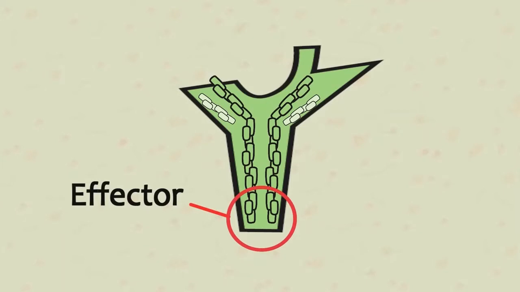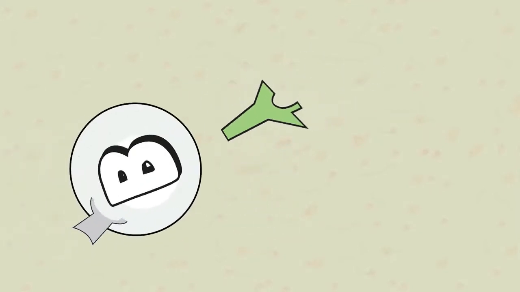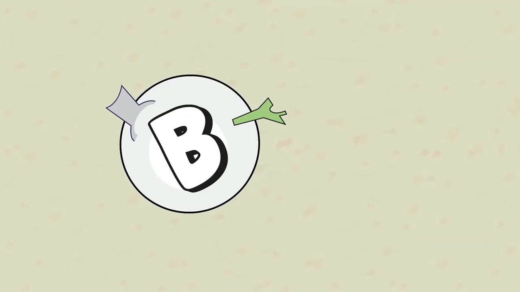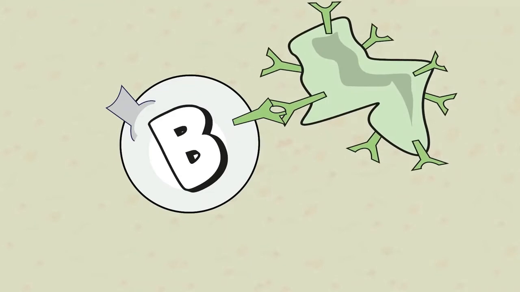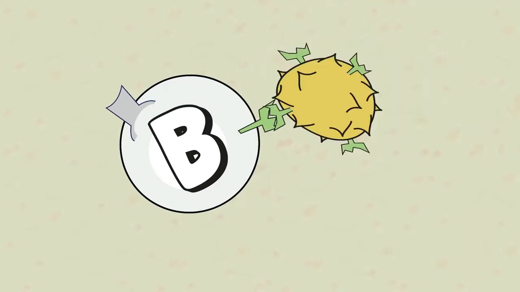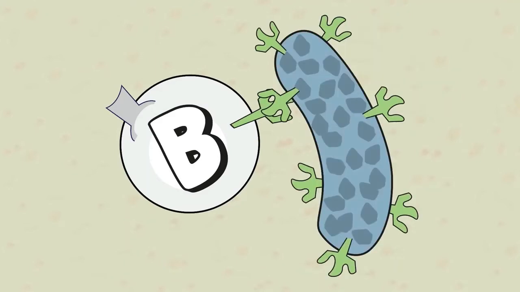This effector is part of the Ig molecule that binds with our own immune system cells. On the opposite end of the antibody are 2 antigen binding sites, each with a light chain and a heavy chain combination. This combination of light and heavy chains forms highly variable tips that can adapt to specifically match a wide range of antigens.